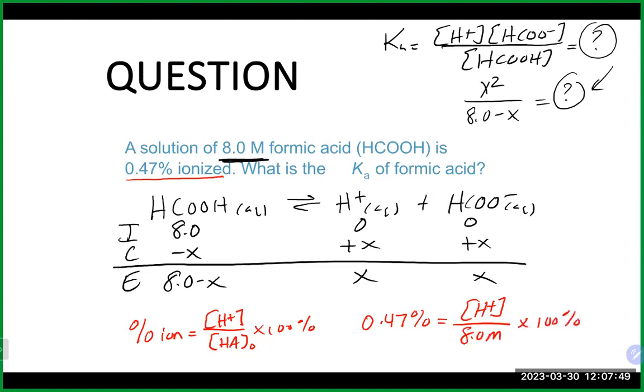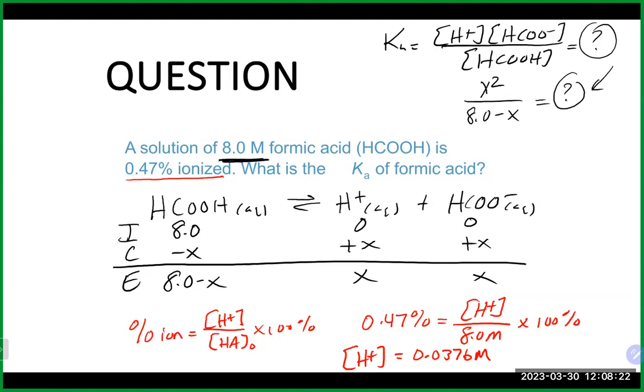We could use the percent ionization to calculate the H plus concentration. We would take 0.47 times 8 divided by 100, which gives us 0.0376 molar. First off, any question on what I've done so far?